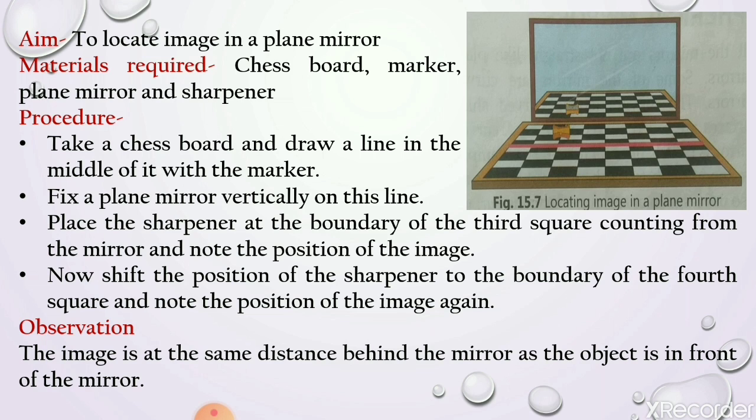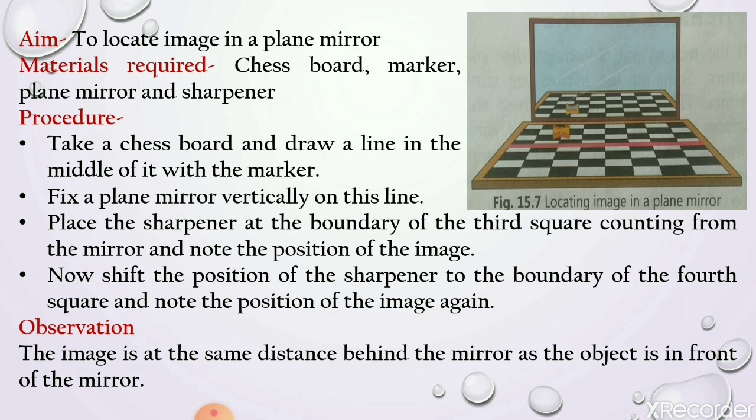Now shift the position of the sharpener to the boundary of the fourth square, and note the position of the image again. The sharpener is just an object. As you shift the position of your object, you have to note the position of the image again and again.